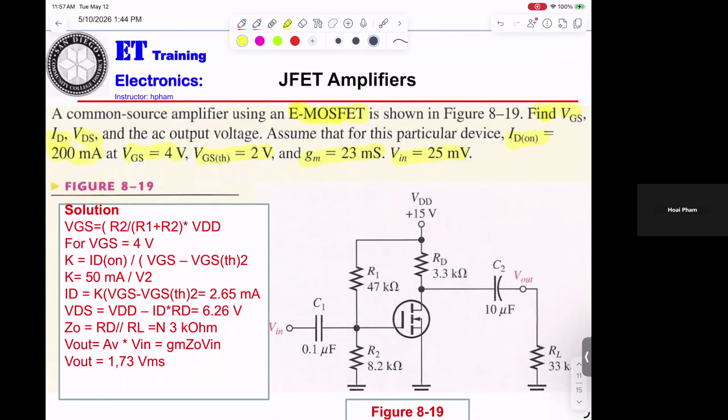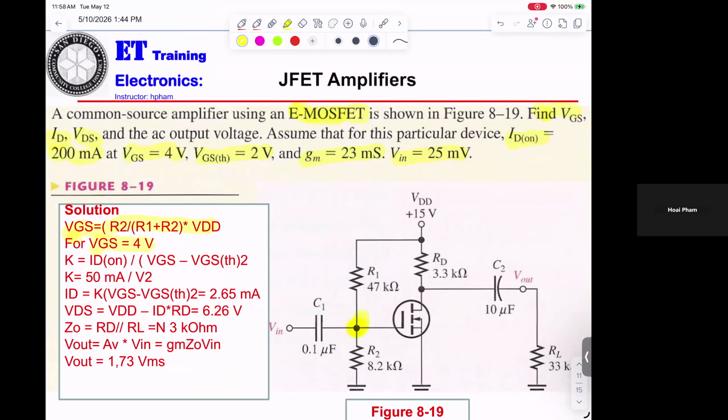VGS, basically this is the voltage divider. You can calculate the VGS here, equal VDD times R2 divided by R1 plus R2. That's the formula they give you here, for VGS equal 4 volt.